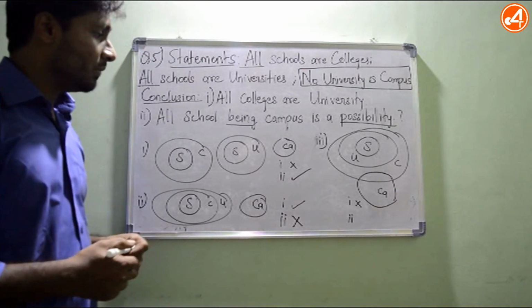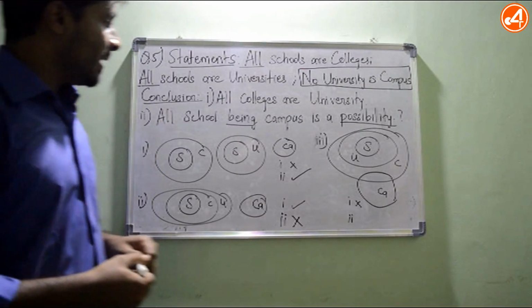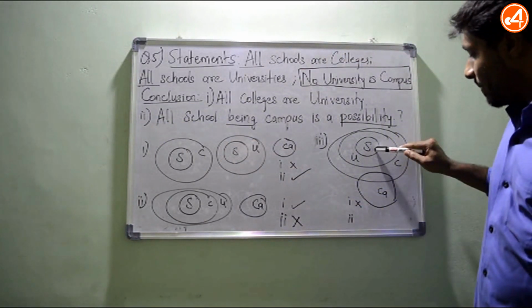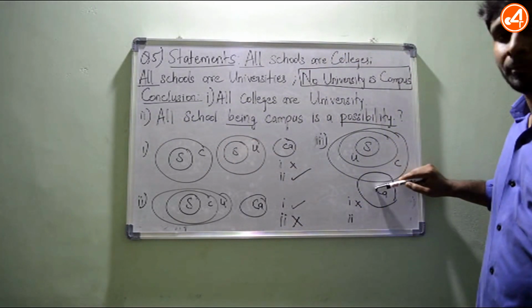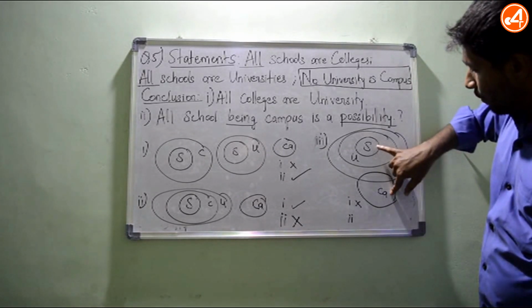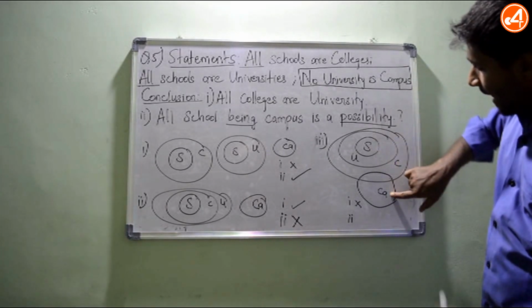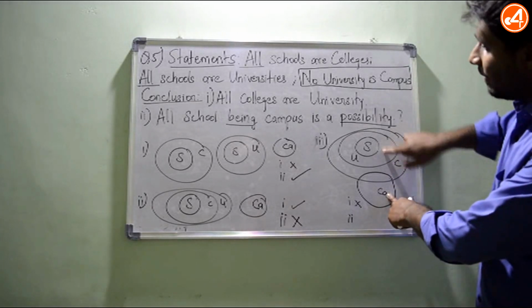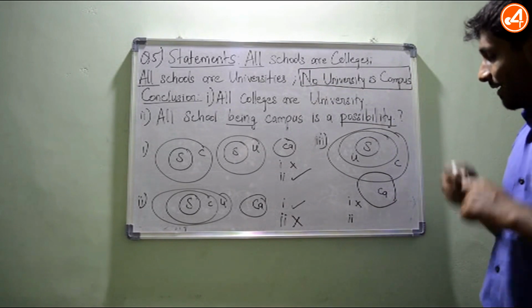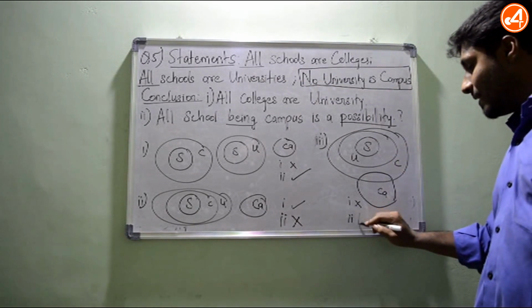Third diagram, again all schools being campus is a possibility. So all schools being a campus is a possibility in the third diagram. If I simply connect this campus and the school in the third diagram, again campus will come under university, but campus and university should not have any relation. And the second diagram, third diagram also, second is false.